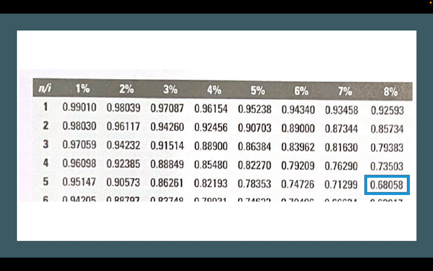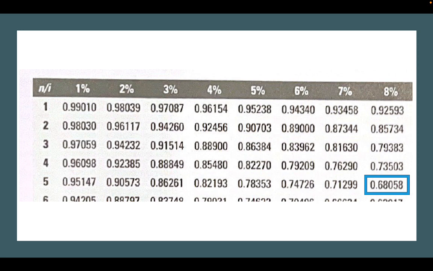You can see over on the right side of the screen in the blue rectangle, I have a factor of 0.68058. Now, if you're thinking about this, you'll notice that I'm multiplying by a number less than 1, right? It's smaller than 1. So when I multiply by a number less than 1, it's actually going to make the product smaller.